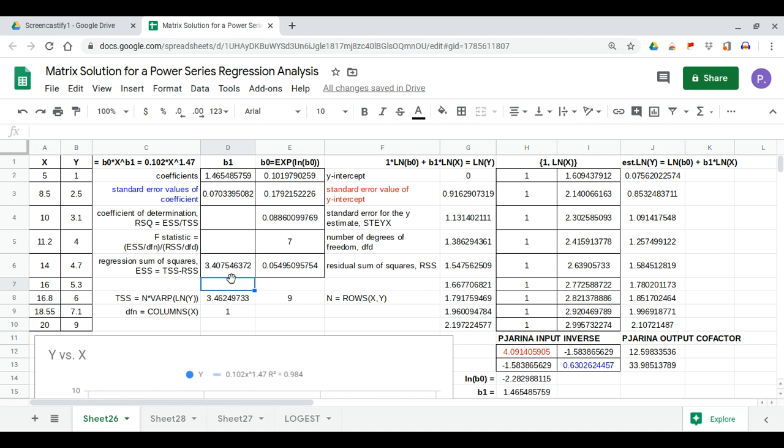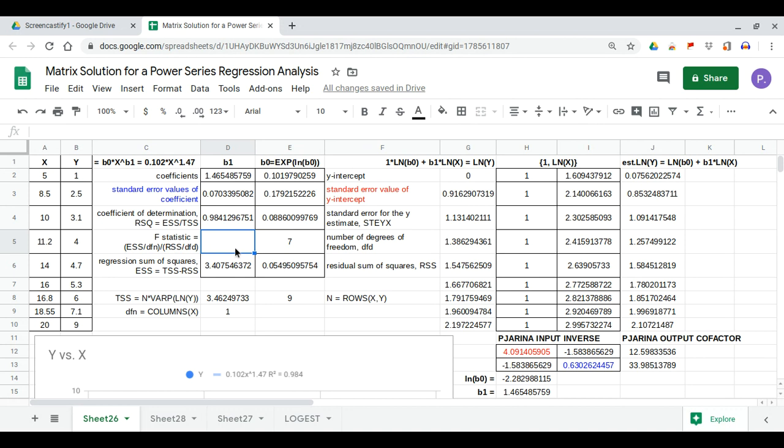Now that we have the regression sum of squares, we can calculate the R squared, also known as the coefficient of determination, which is the regression sum of squares divided by the total sum of squares. This gives 0.984, which matches our chart's R squared, 0.984.